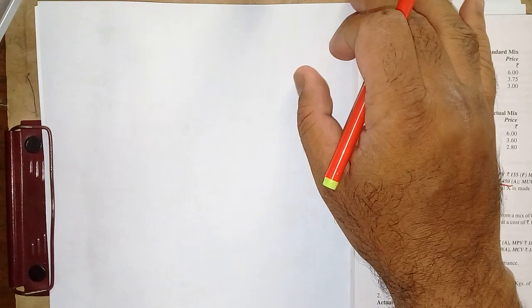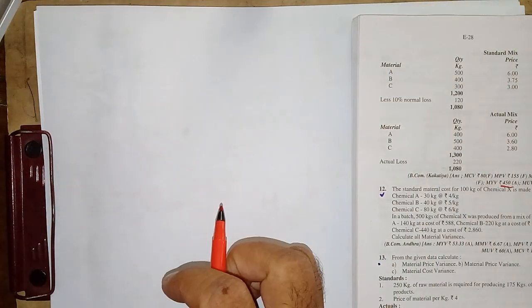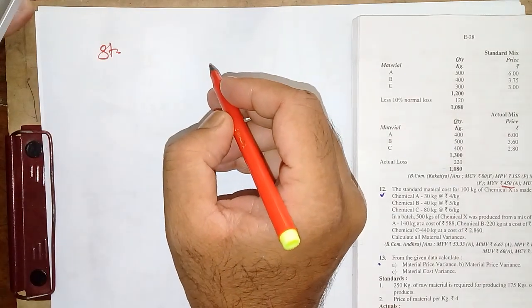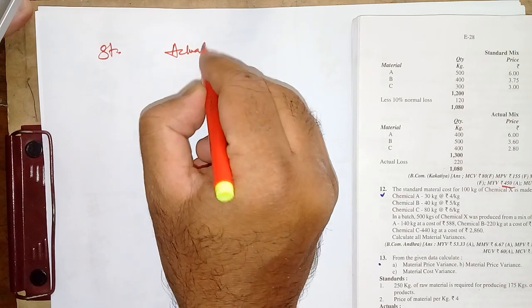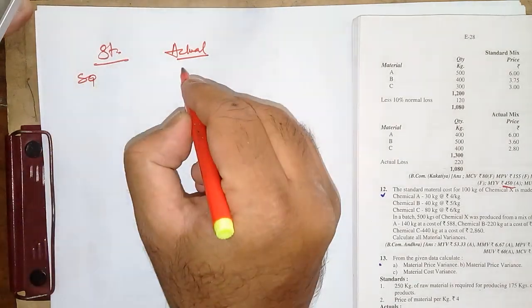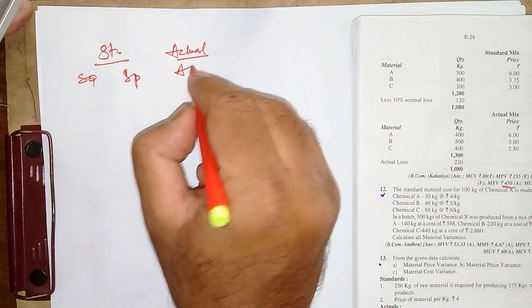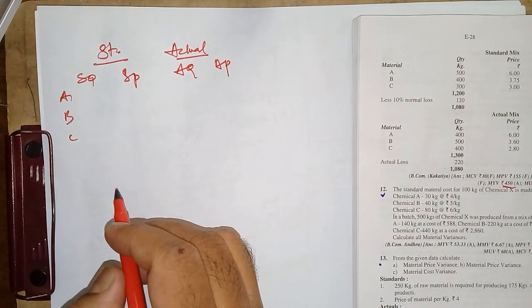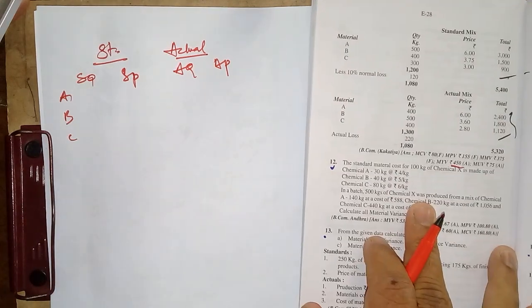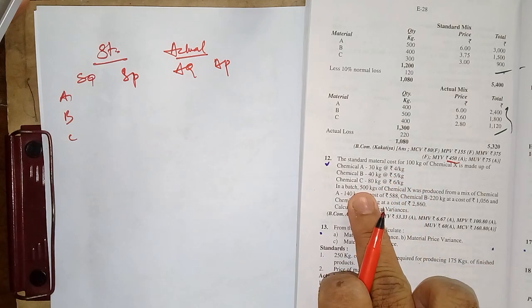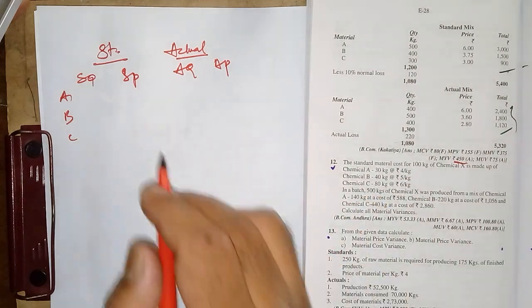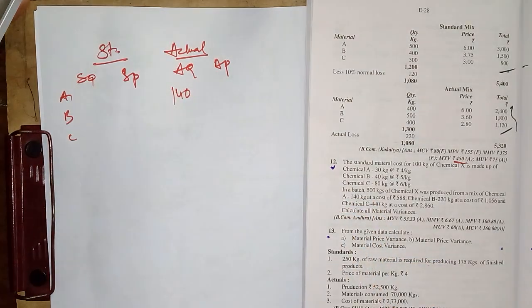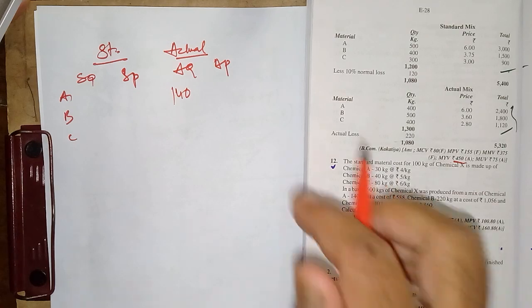I have already done this kind of a question, but still, the same thing: standard and actual, SQ, SP, AQ, AP. So A, B, C, three types of material. The standard is given for only 100 kgs, whereas actual is given for 500 kgs. So actual information is given for 500 kgs, that is 140 kgs A at 588.